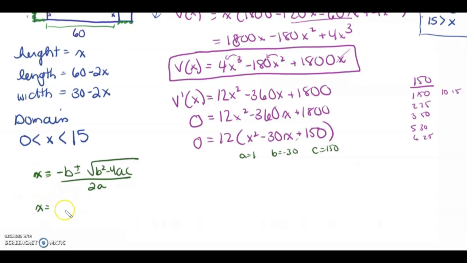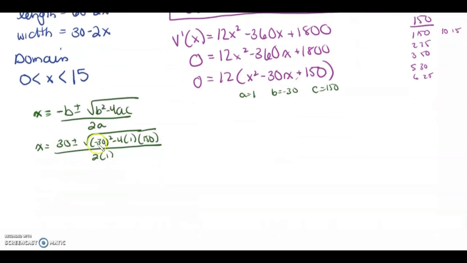So our x's are going to be 30 plus minus, okay, negative 30 squared minus 4, 1, 150, all over 2 times 1. Okay, so we're going to get 30 plus minus, and when we solve for what's under the bracket here, we get 30 squared minus 4 times 150. We get 300, root 300 over 2.